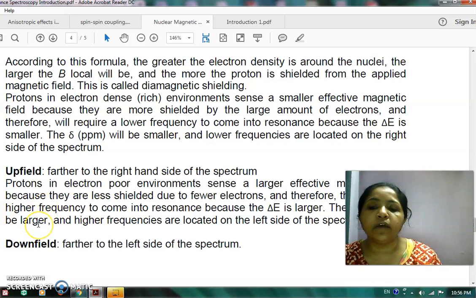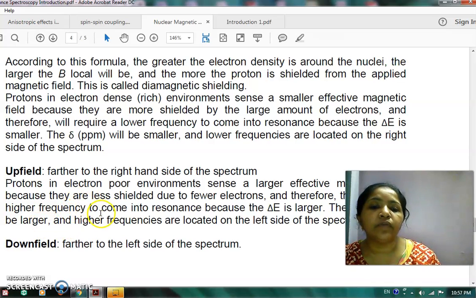Now, what is downfield? Downfield is when the proton is in an environment where electrons are not in its surrounding. It is less shielded, or you can say it is de-shielded. Supposing the hydrogen is bonded to oxygen, oxygen has more electronegativity, so oxygen will pull the electrons towards it, and accordingly the hydrogen that is left behind will be de-shielded, meaning the electrons will not be there to cover it.